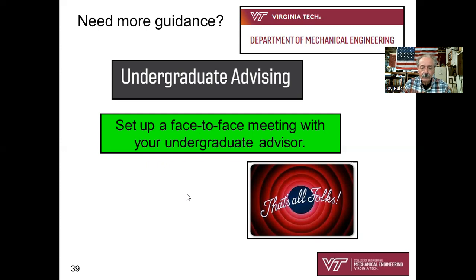I hope that helps. If you feel like this material is totally not understandable, quickly go to your undergraduate advisor. Help is available at Virginia Tech to get you up to speed, but you must get up to speed. We want you to perform well in your classes.